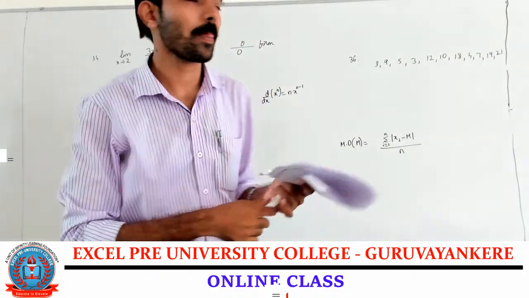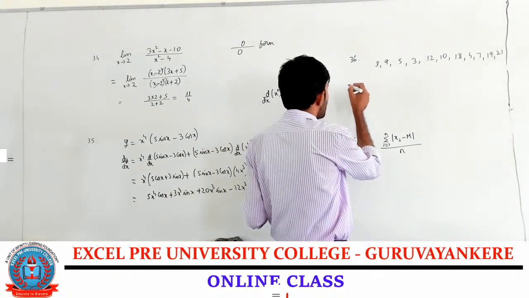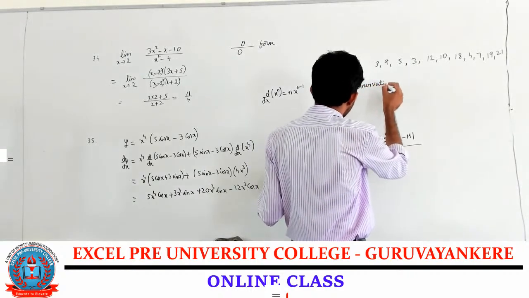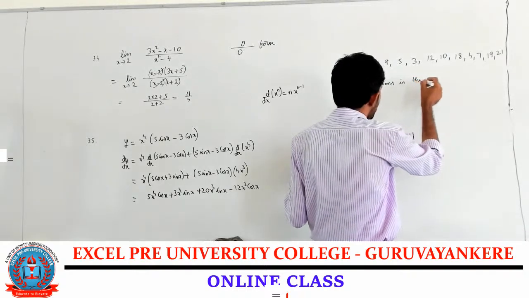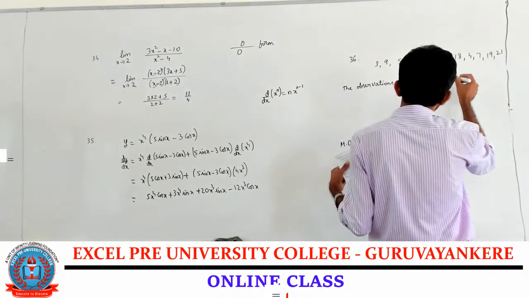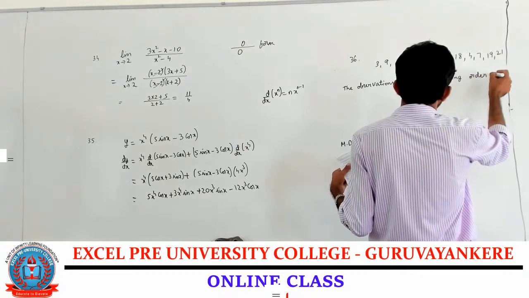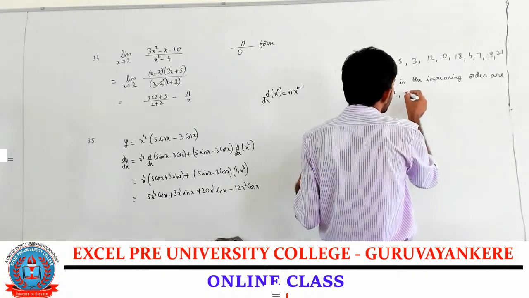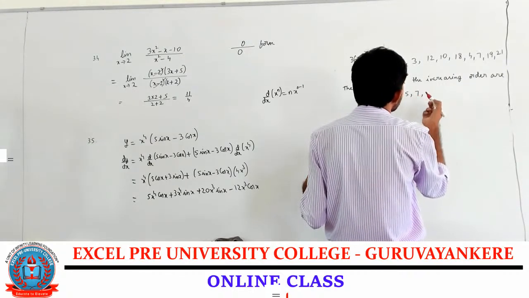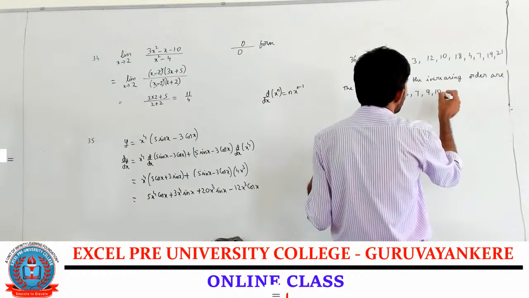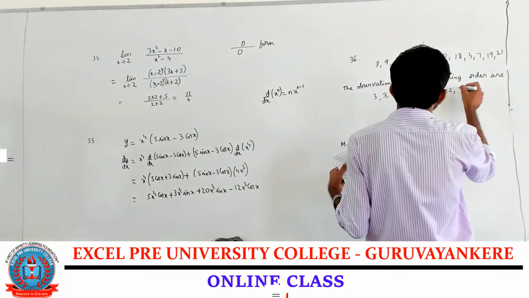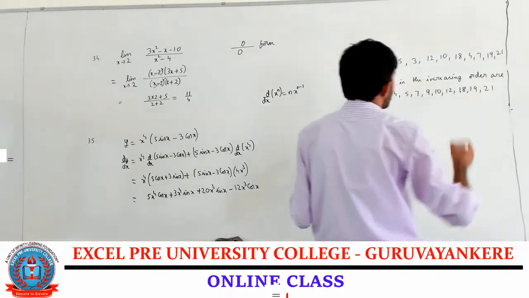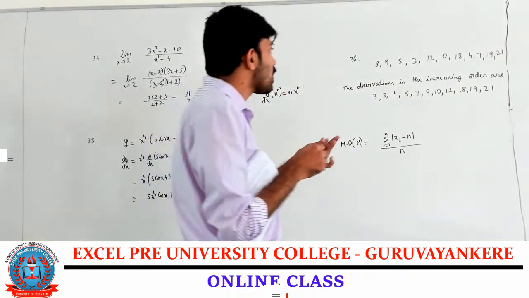The observations in the increasing order are 3, 3, 4, 5, 7, 9, 10, 12, 18, 19, 21.